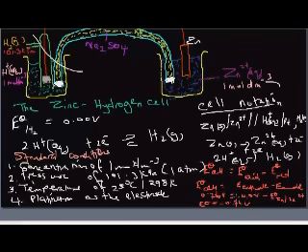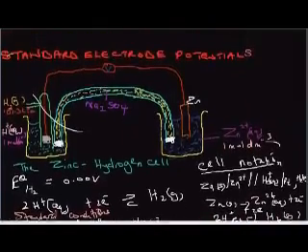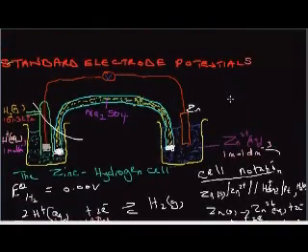0.76 volts. So if a copper half cell was set up in the same way, the reading on the voltmeter itself will be different from that of the zinc. We will have the electrode potential of our cell, that is of our copper cell, equal to the electrode potential of the cathode minus the electrode potential of our anode.